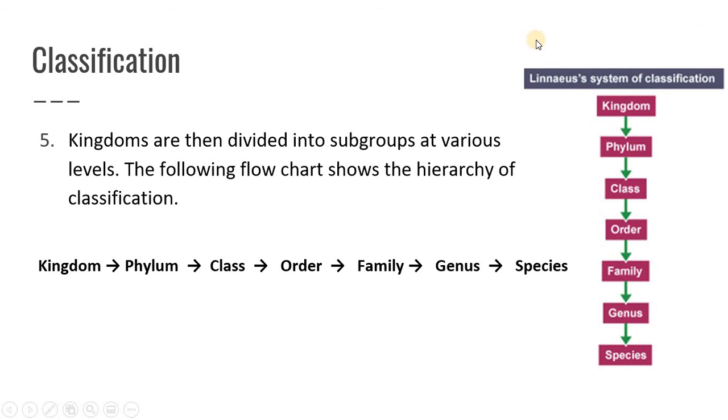Here is an example of a linear system of classification. Again, it started off with a kingdom, phylum, class, order, family, genus, and lastly, the smallest classification is called species.